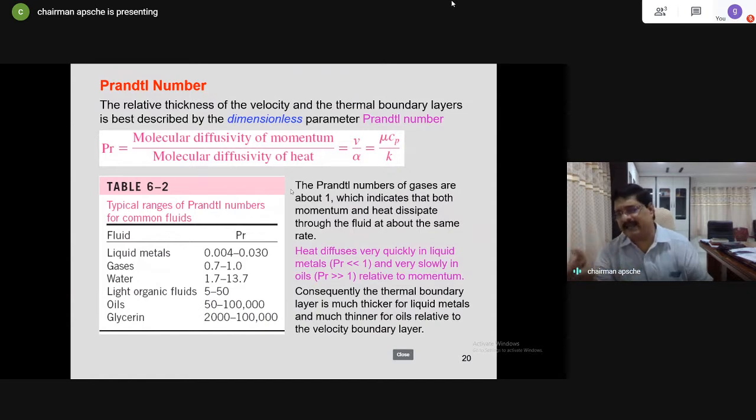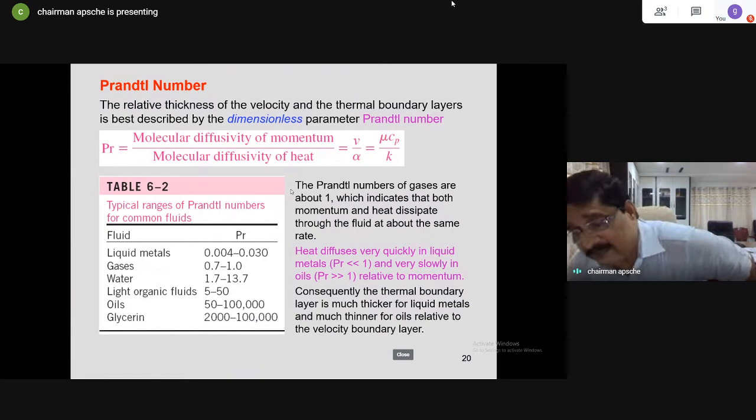When convection resistance is low, convection heat transfer is more, and since the denominator is low, Nusselt's number is high. Therefore, higher Nusselt numbers indicate higher convection heat transfer. And Reynolds number, I said, is the ratio of inertia force to viscous force, and how both forces come into the picture I have explained.